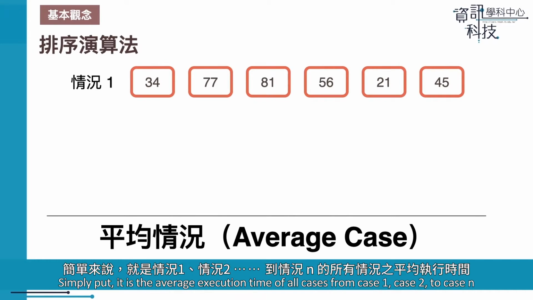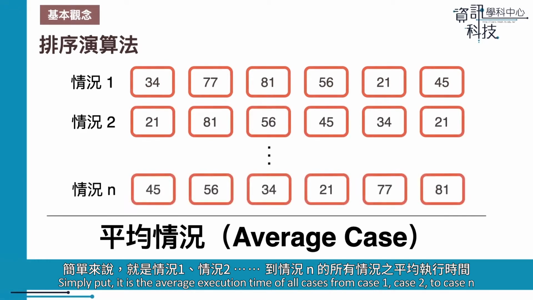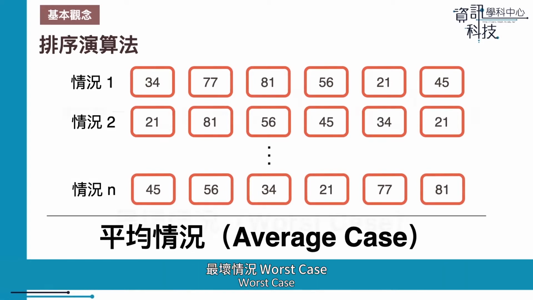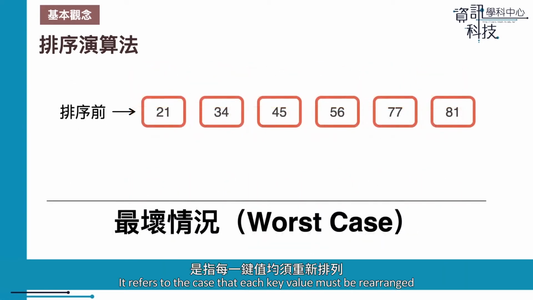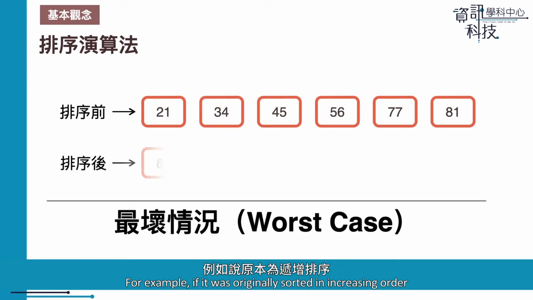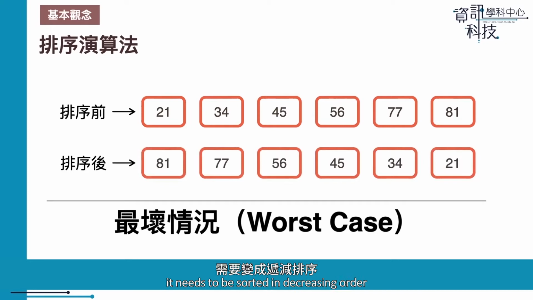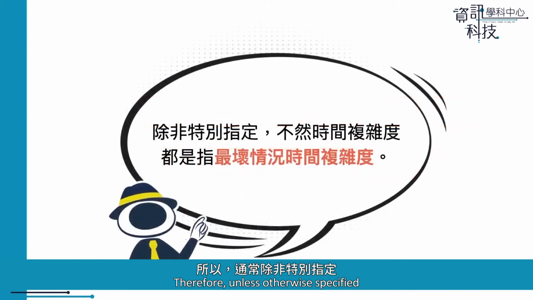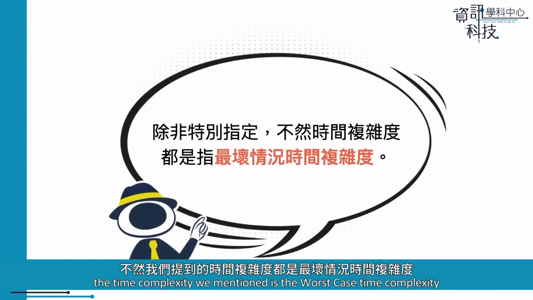Simply put, it is the average execution time of all cases from case 1, case 2 to case n. Worst case. It refers to the case in which each key value must be rearranged. For example, if it was originally sorted in increasing order, it needs to be sorted in decreasing order. Of course, it will take a longer time. Therefore, unless otherwise specified, the time complexity we mentioned is the worst case time complexity.